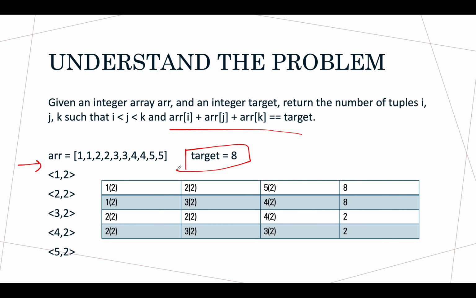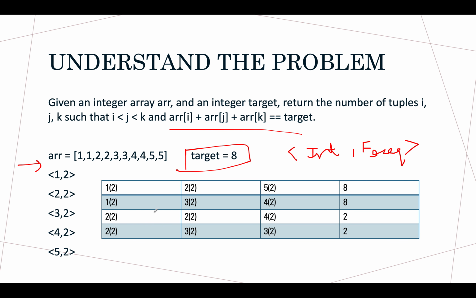So let's first create a frequency map, where the key is the element itself, and the value in the map is the frequency of that element in the input array. So I created a map. We have 1 to 2, 2 to 2, 3 to 2, 4 to 2 and 5 to 2. And let's talk about the number of ways in which 8 can be generated.